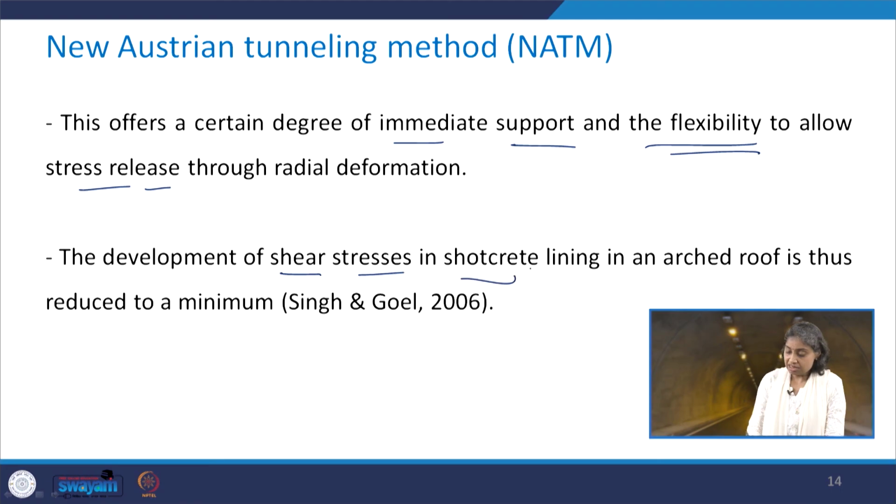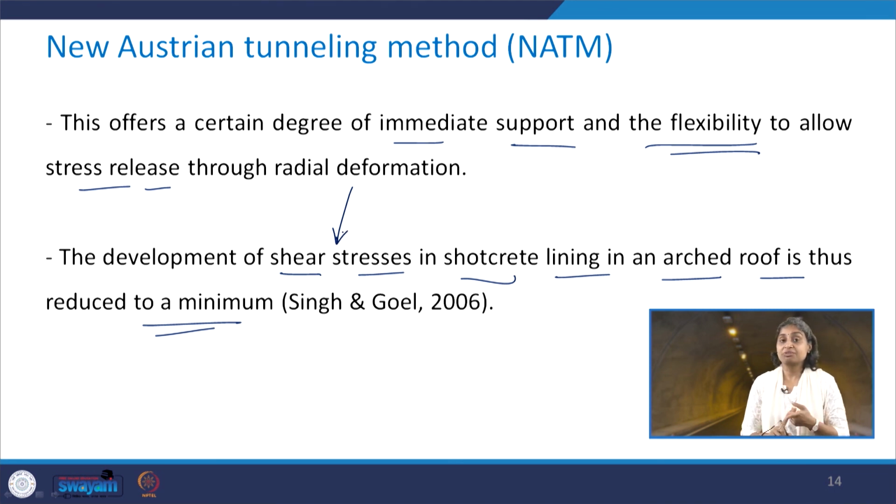Now, we cannot allow this stress release to be too large, therefore, we can't allow very large radial deformation. The development of shear stress in the shotcrete lining in an arched roof is therefore reduced to a minimum if we adopt this type of approach. I am not saying that this will become equal to 0, because that we don't want, but it will reduce to a minimum. All these concepts will become more clear when we discuss the rock mass tunnel support interaction phenomena, which we will take up maybe after 3-4 classes.